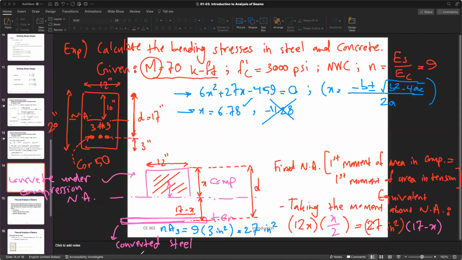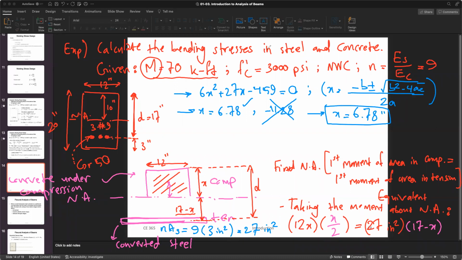So the negative one is unacceptable, and this is your correct x. So x would be 6.78 inches. Now you know what x is.